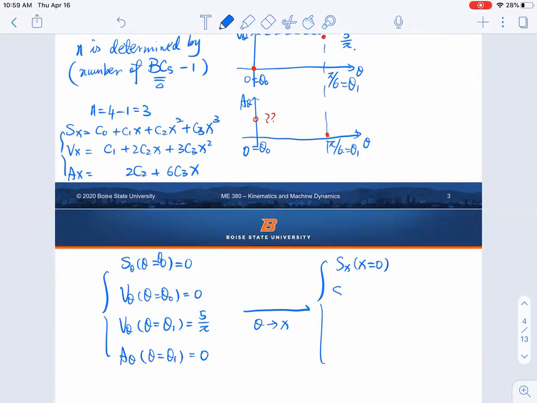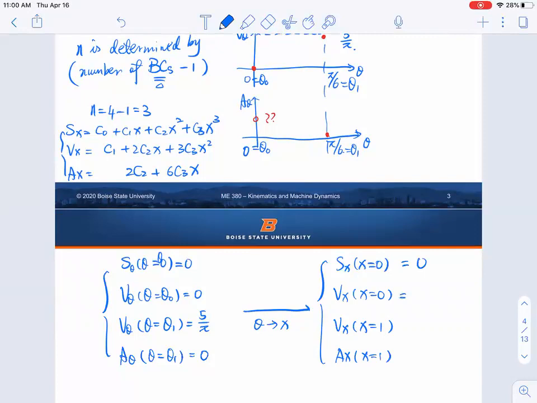So Sx, where your theta starts, x equals 0. Vx, x equals 0. The third one is where your theta ends, so your x becomes 1. Ax, x becomes 1, and then 0. Again, all the displacement information can be directly copied and pasted, so 0 becomes 0.